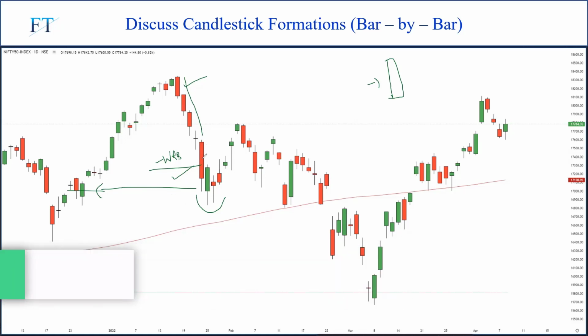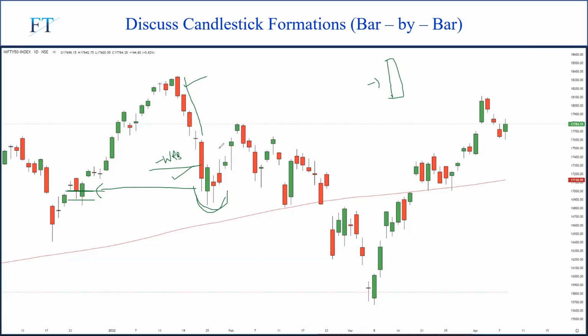So when this wide range bar appeared, it came down to a level where there was a previous support zone, and from where the prices had started moving up, which is why this wide range bar, instead of moving the prices further down, has turned out to be a reversal bar, and from where the prices have reversed to the other side.